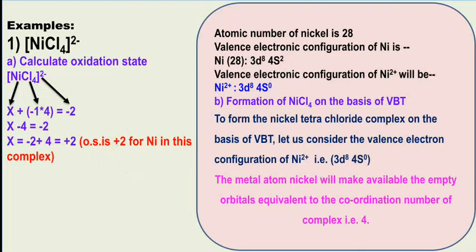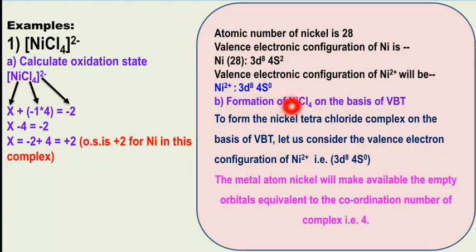Now see the atomic number of nickel, that is 28, and the valence electron configuration of nickel is 3d8 4s2. We just calculated the oxidation state of nickel in this complex, that is +2, so that is the Ni2+ ion. As nickel has lost 2 electrons, the 2 electrons will be lost from the 4s orbital.